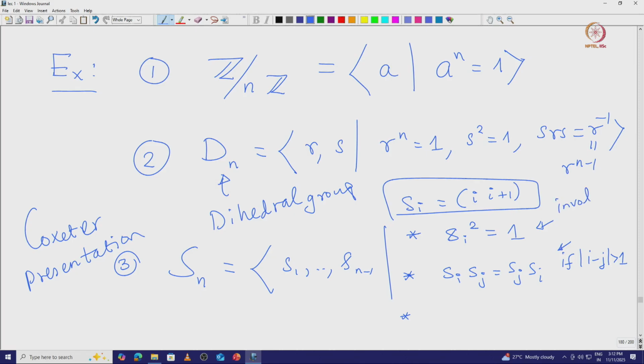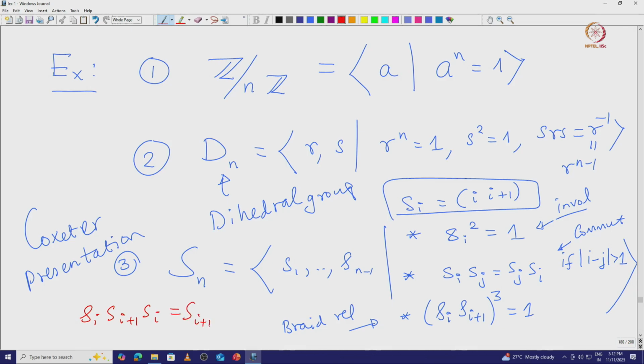So, this is the involution relation, this is the commutation relation, and this third one is called the braid relation. The braid relation says that whenever you take si s(i+1), the order of that is going to be 3. If you rewrite in terms of an equation, si s(i+1) si is supposed to be equal to s(i+1) si s(i+1). So, this reads as si s(i+1) has order 3.